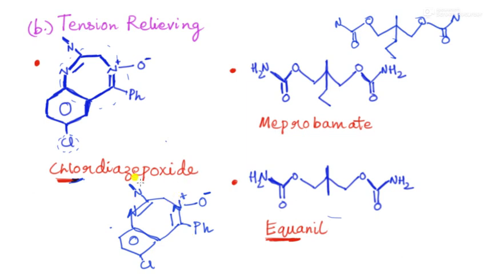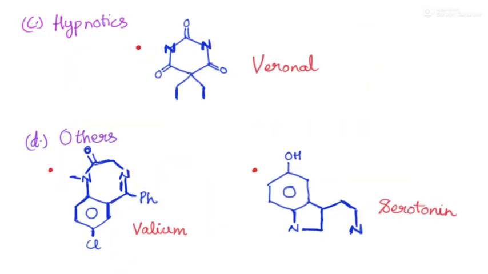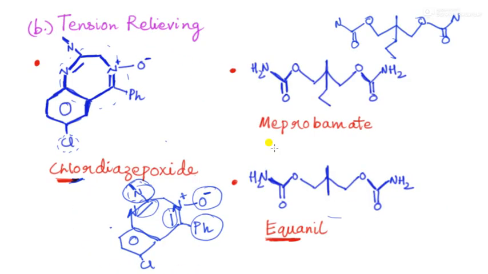This part you should remember the position of these double bonds and the groups attached here and here. The structure, if you learn perfectly, you can tackle valium easily. So we are done with the tension relieving drugs, which are chlordiazepoxide, meprobamate and equanil. Let's go to the next one.